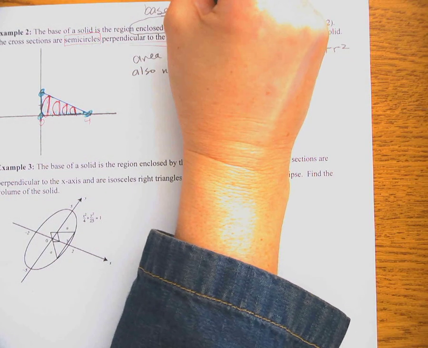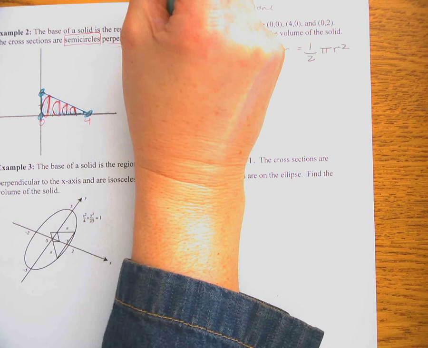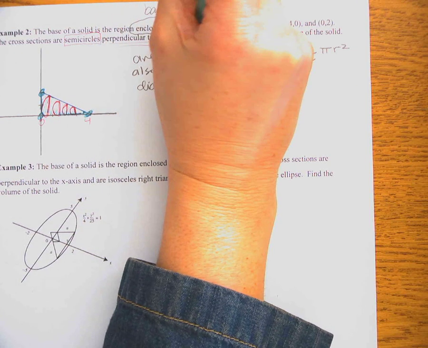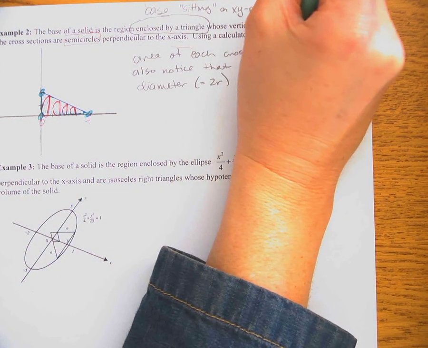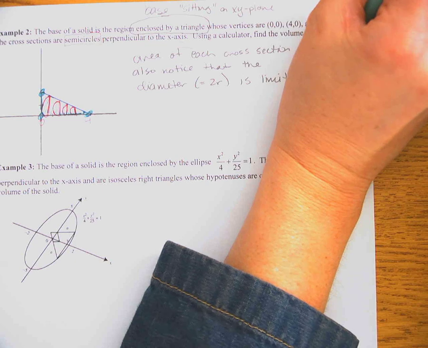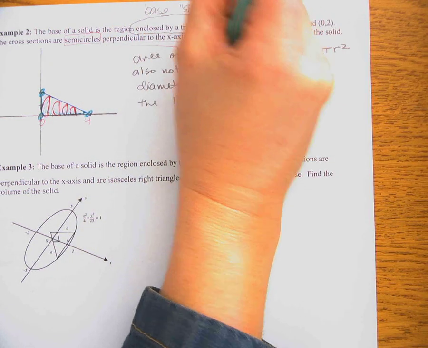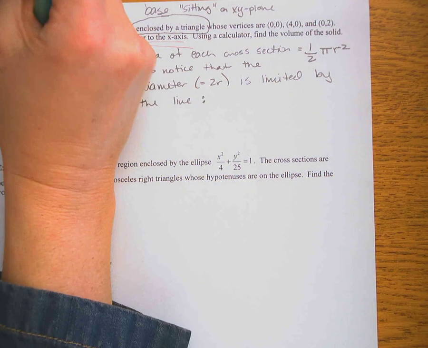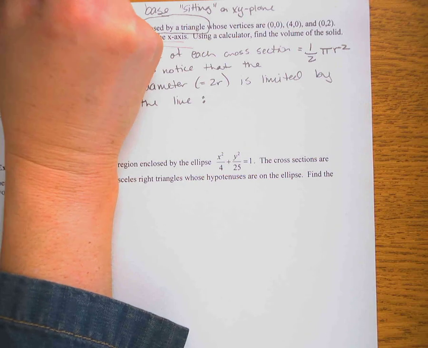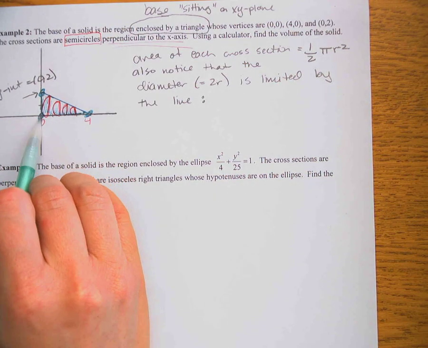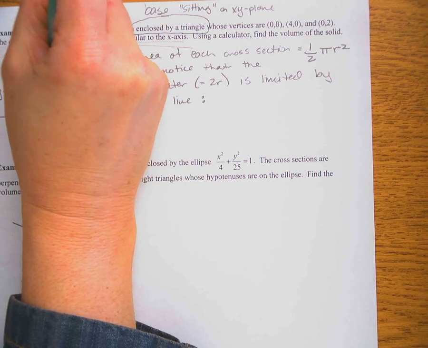So also notice that the diameter, which by the way is double the radius, I'll just put equals 2r in parentheses, is limited by the line. And so let's get the equation of the line, which is really easy to do. The y-intercept is right here. It's (0, 2). And the slope is just rise over run. So it went down 2 and to the right 4.